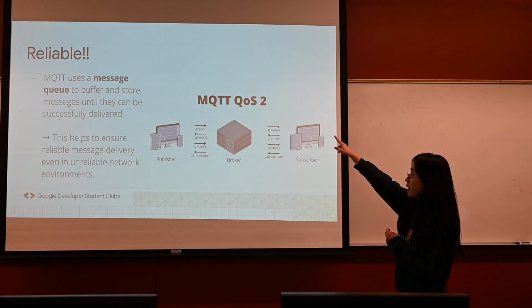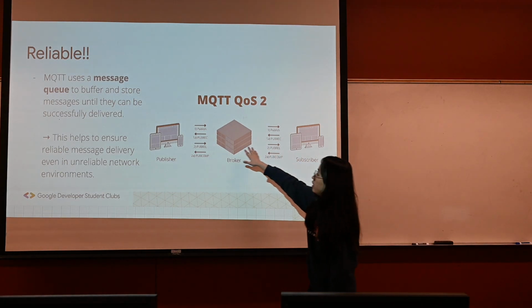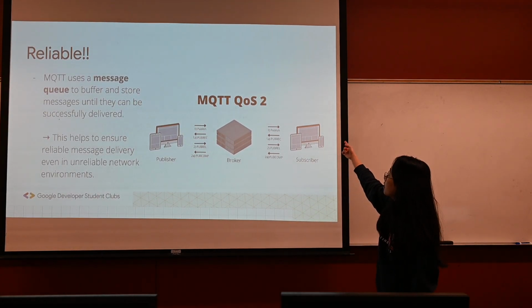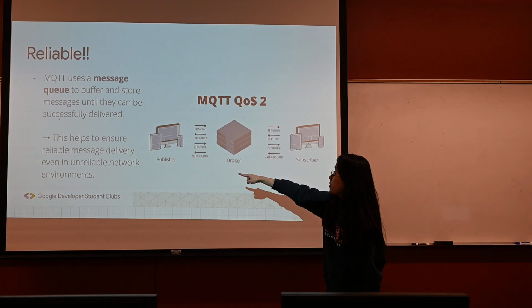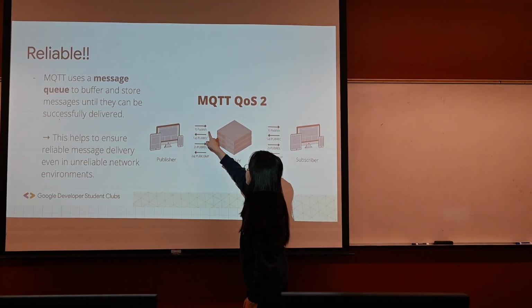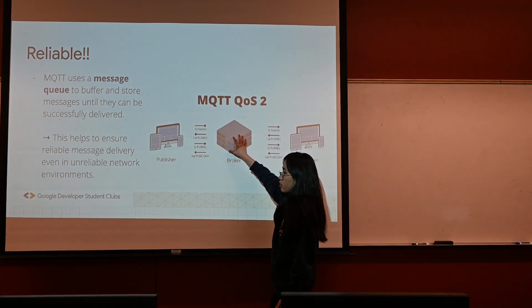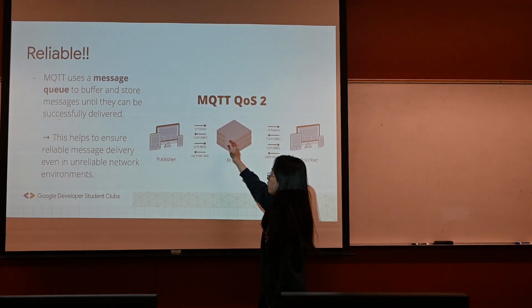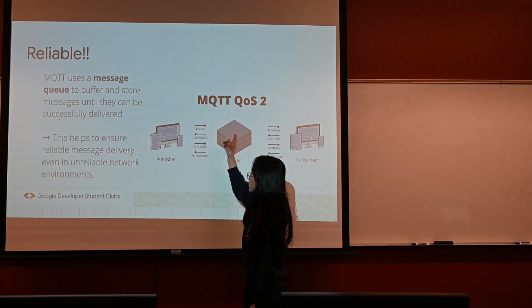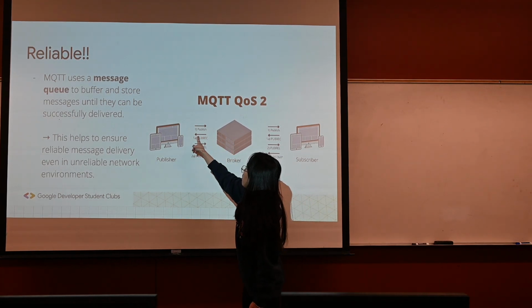Here we have MQTT. This is the broker, this is the publisher, and this is the subscriber, right? When we send a message, the publisher sends a message to here. We see there's an arrow, send publish message, and then the broker acknowledges to the publisher that, okay, we received the message that you sent, with this arrow right here.